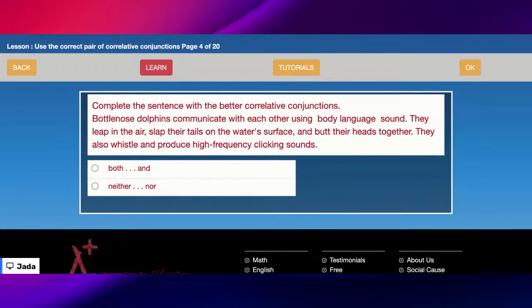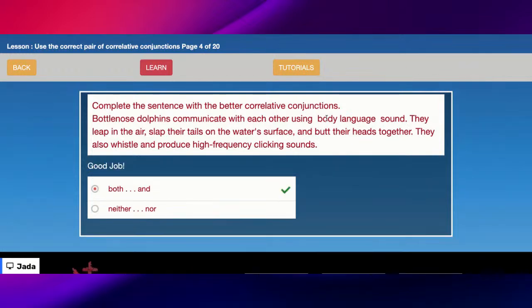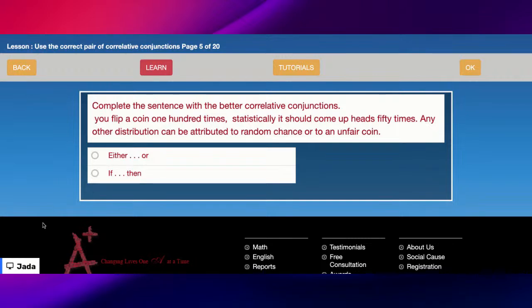What is the most suitable answer here? Okay, first option. Okay. So they use both body language and sound.